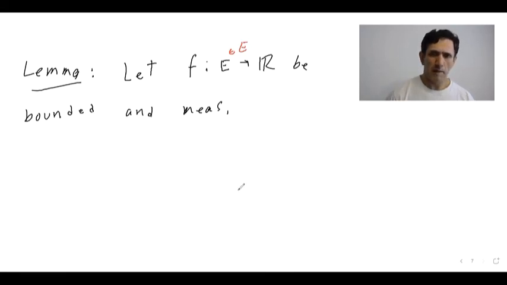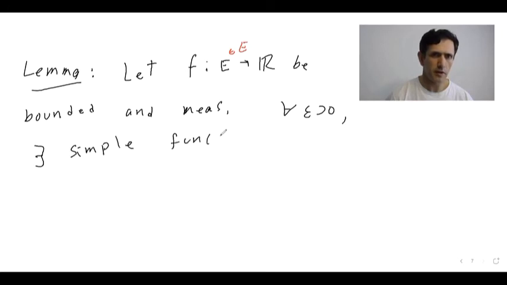So I claim that for any epsilon bigger than 0, there exists simple functions, let's say, just using the book's notation, phi, I guess this is psi, whatever.